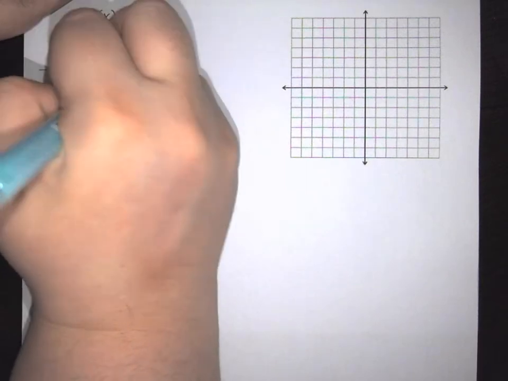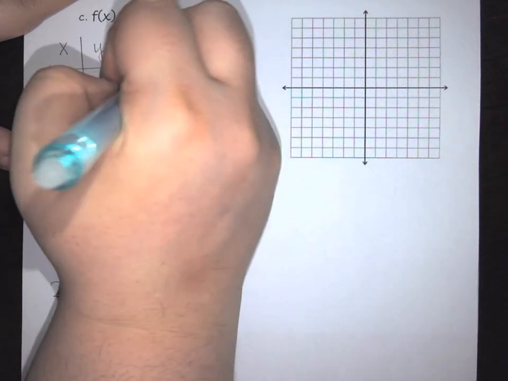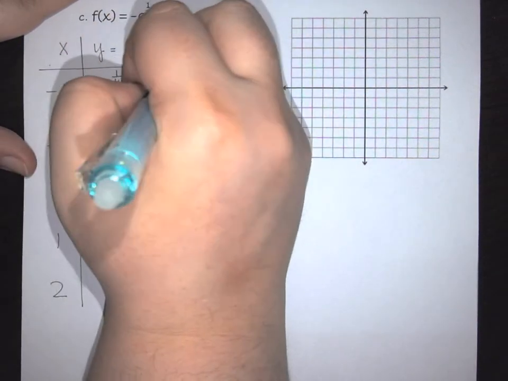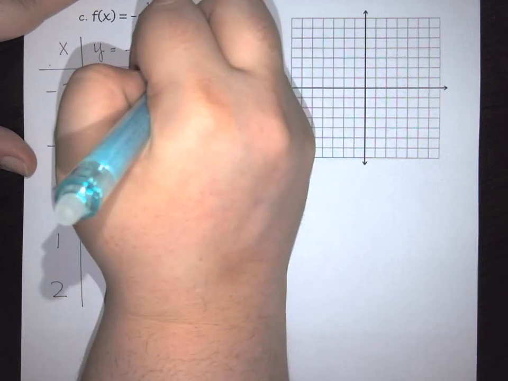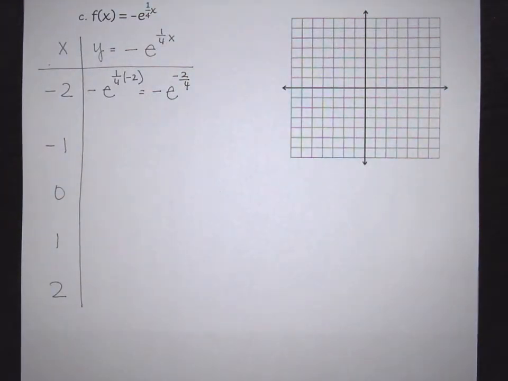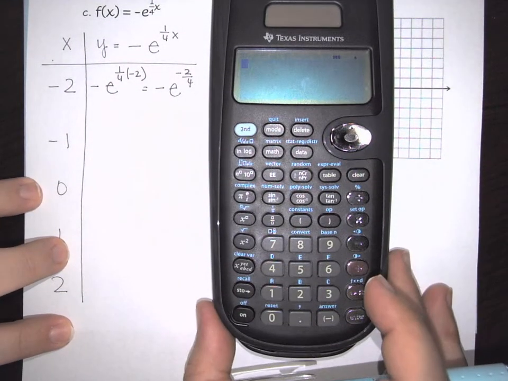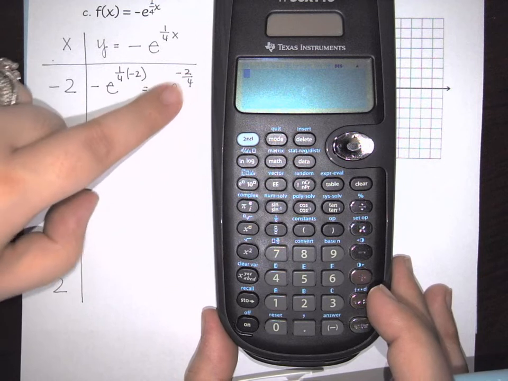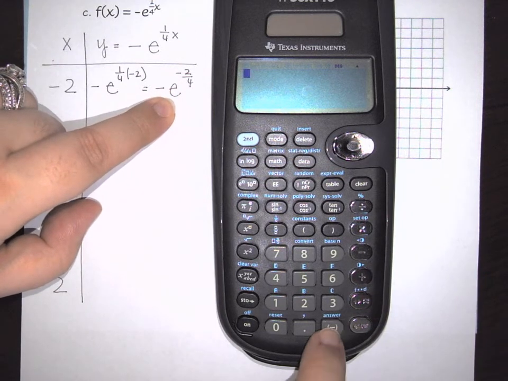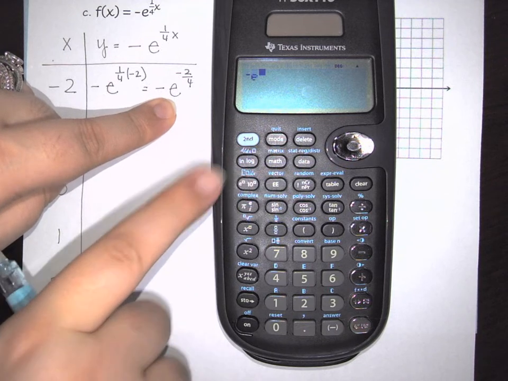So this is -e to the 1/4 times a -2. In this case, this would be the same as having -e to the -2/4. And since you're going to use your calculator, you could go ahead and plug that in. So I'm going to plug this in as you see it. I've got my negative, but then I need to use the e, so I'm going to come over here to my e button and use that.